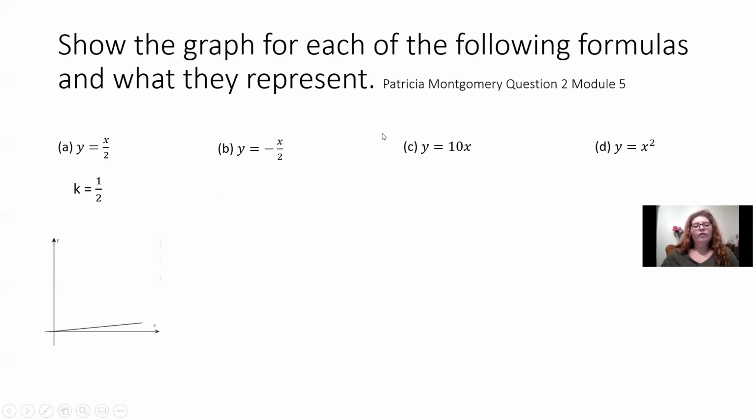For this next one, we have y equals negative 1/2 x. And that slope is going to be a negative slope. So that negative 1/2 could just mean anything that's decreasing in value.